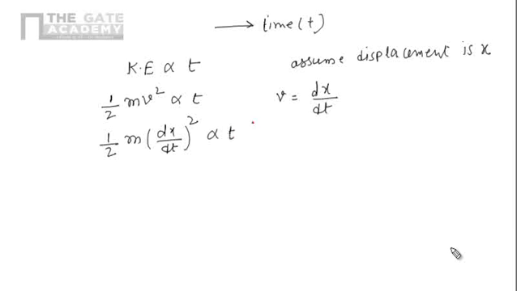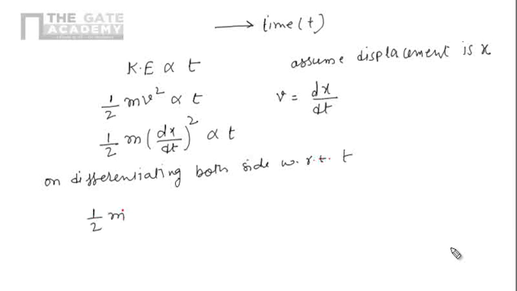Now differentiating both sides with respect to t, I will get 1 by 2 m, and the differentiation of (dx by dt) square with respect to t gives 2 times dx by dt times d square x by dt square, and the differentiation of t with respect to t will be 1.